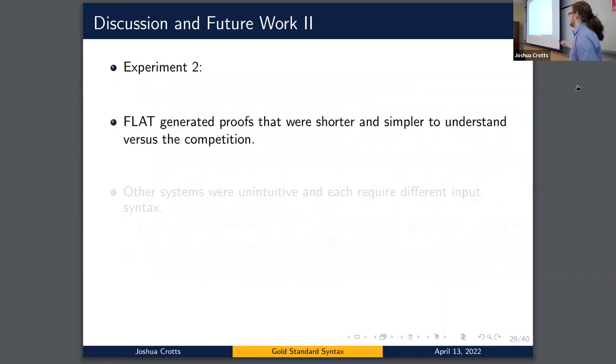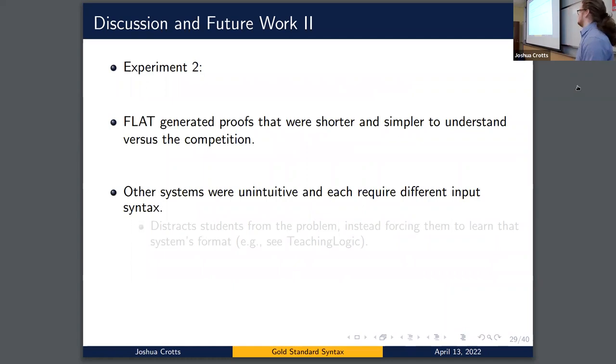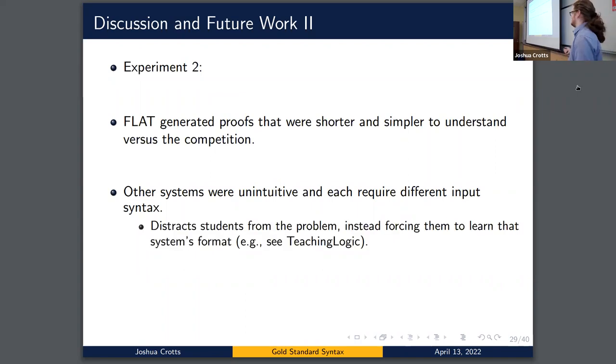So as we said, FLAT generates proofs that were shorter overall out of those 288 proofs that were simple using our metric to understand versus the other 3 systems that we tested. We also saw that other systems were just generally unintuitive and require different input syntaxes. So students will often have to learn how to use the system.